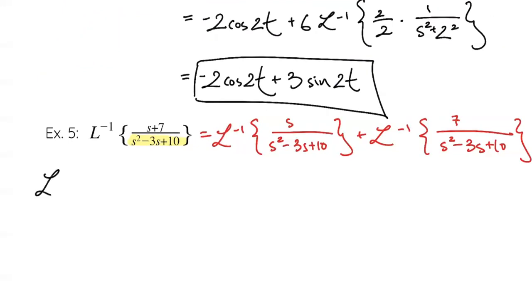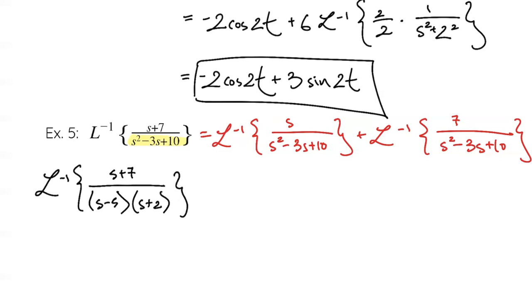We have the inverse Laplace of s plus 7 over, when I factor the denominator, we end up with s minus 5 times s plus 2. Okay, so we're going to use a different strategy here because our old strategy did not match anything exactly on the table. Okay.